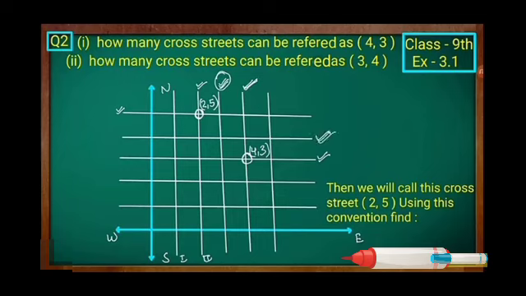Now this is their intersection point. X is 3, Y is 4. Yes, this is the exact point. This is the coordinate for the second street. Coordinates are 3 and 4.